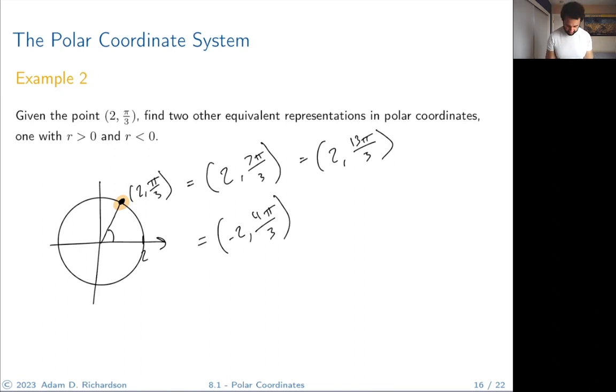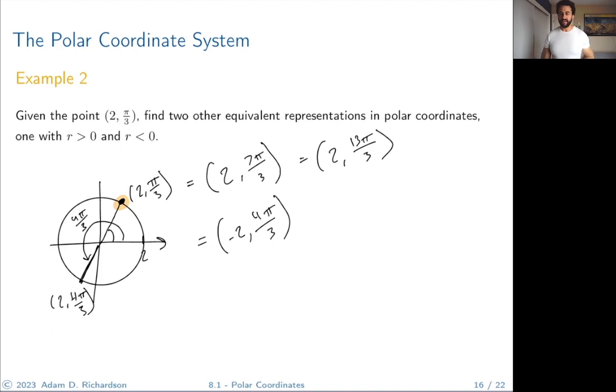If I mark 4 pi over 3, it's right down here. That's 4 pi over 3. And in fact, this will be the point 2 comma 4 pi over 3. Now if I change the radius to be negative 2, it's going to reflect me through the origin back to the point that I'm interested in.